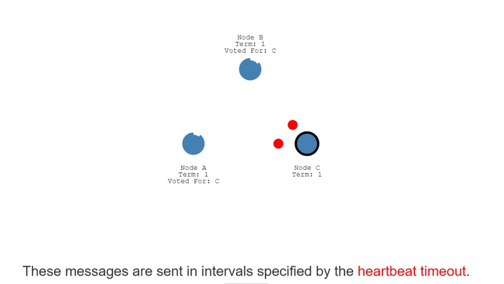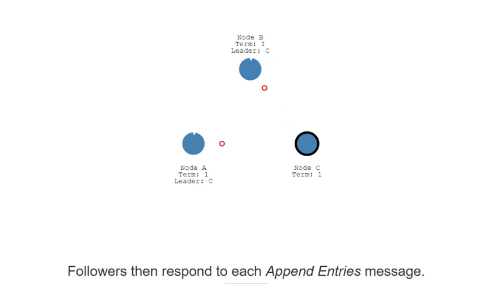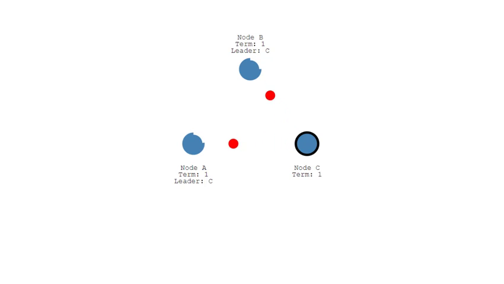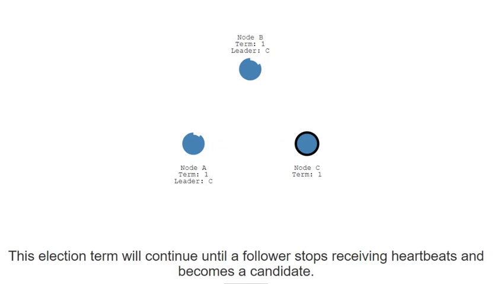These messages are sent in intervals specified by the heartbeat timeout. So first was the election timeout and the second one is the heartbeat timeout. Followers then respond to each append entries message. And this election term will continue until a follower stops receiving heartbeats and becomes a candidate.